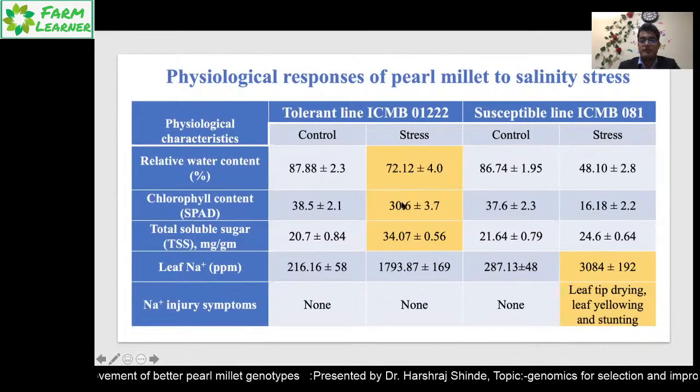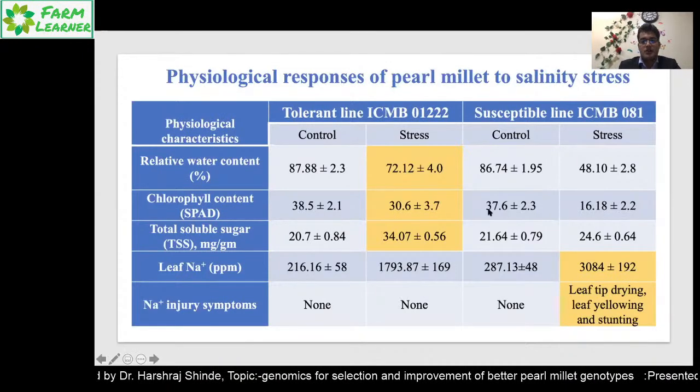At the same time, we calculated the chlorophyll content by SPAD meter, and we found that chlorophyll content was very low in the susceptible line during stress. In the previous picture also, you could see that it showed yellowing, that is, there was loss of chlorophyll.